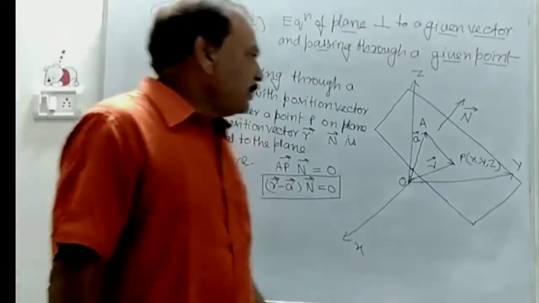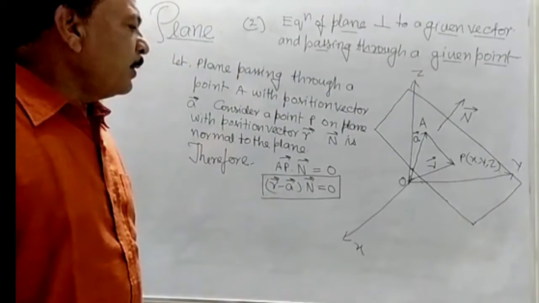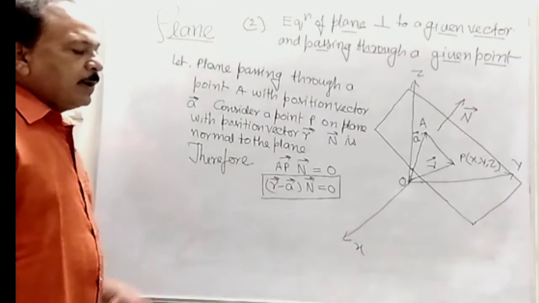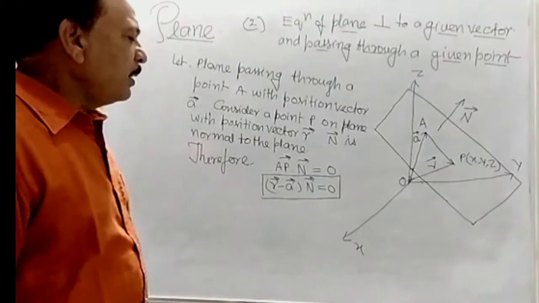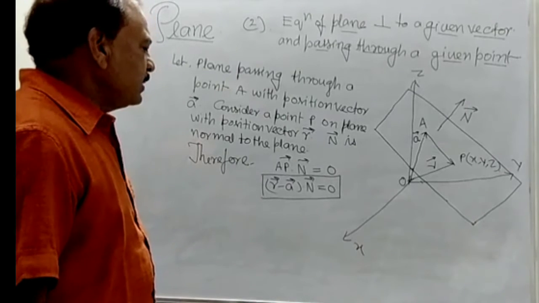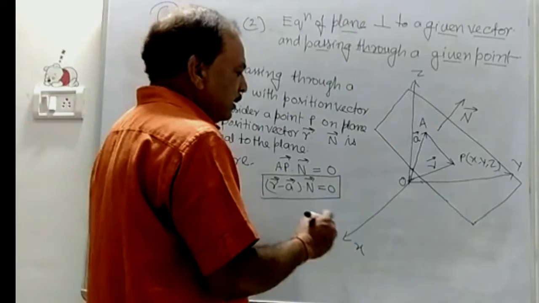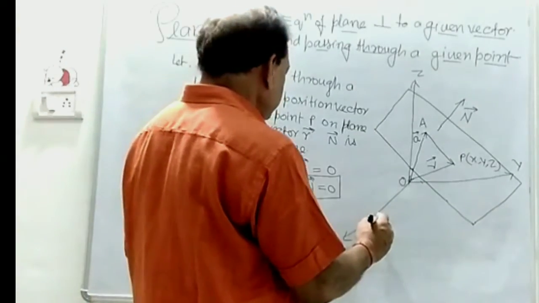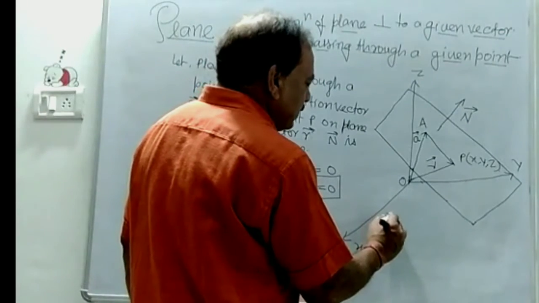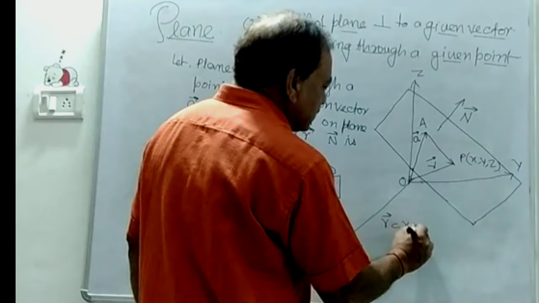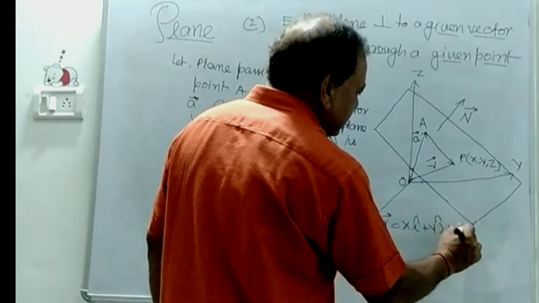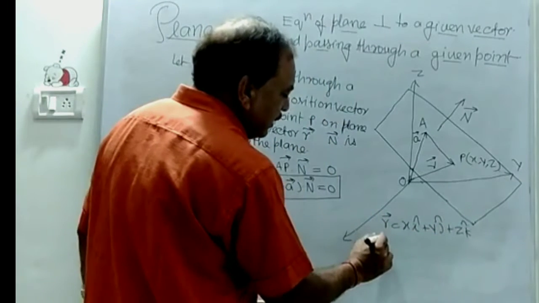So now we can write this in the Cartesian form. How to write the vector in the Cartesian form? If the normal to the plane is given. Here vector R is given, xi plus yj plus zk.